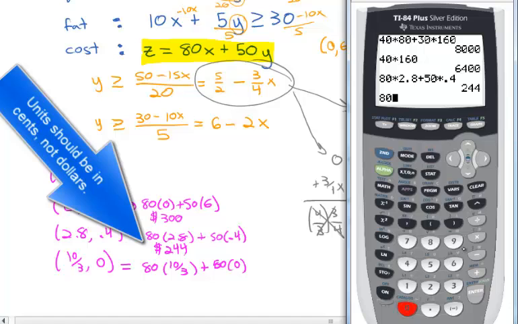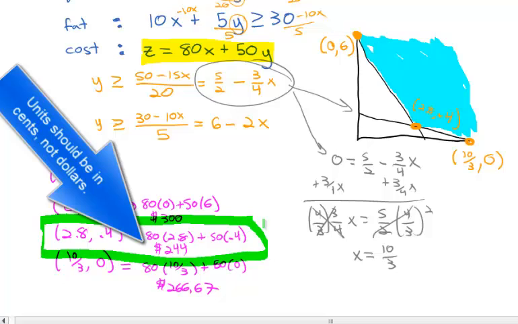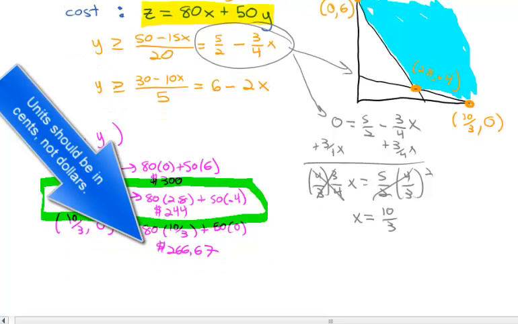So 80 times 10 divided by 3. The cost there is $266.67. We're trying to minimize our cost. The minimum cost, the smallest cost, was that second option where those 2 points intersect.